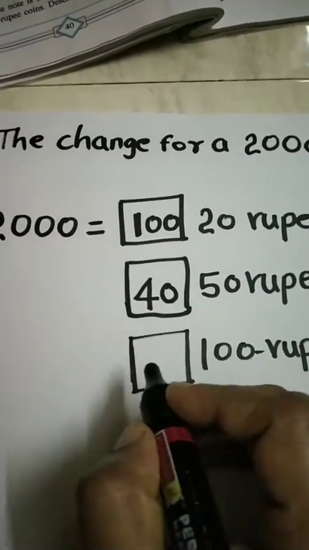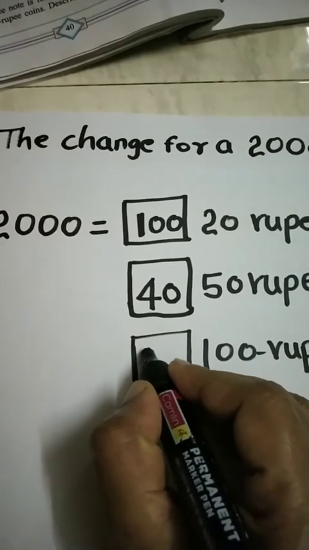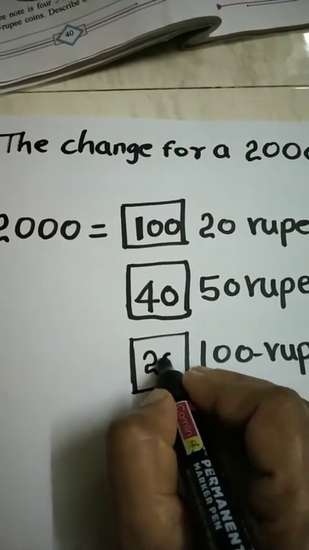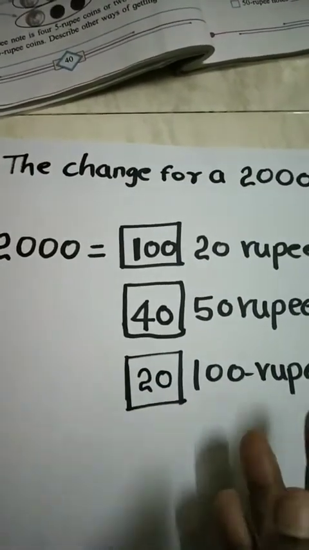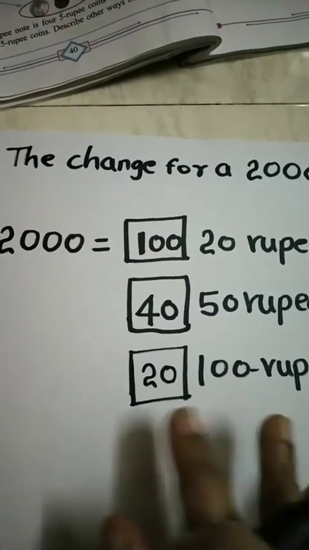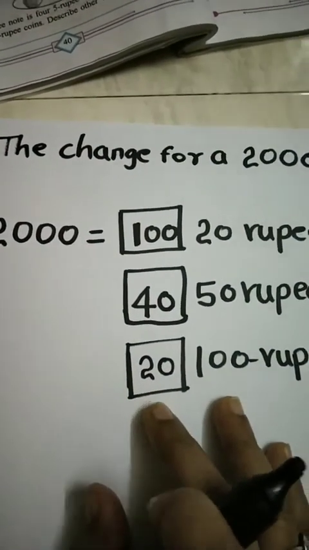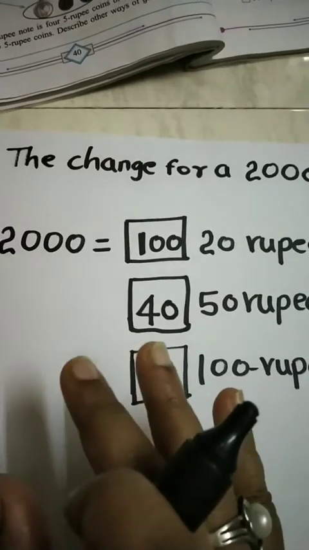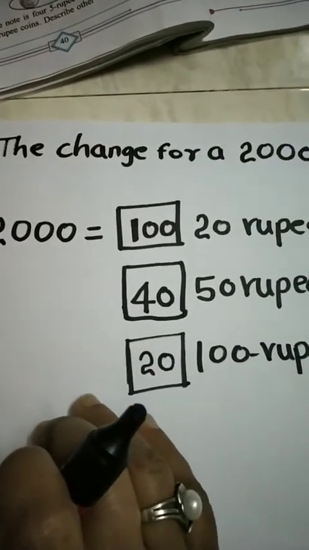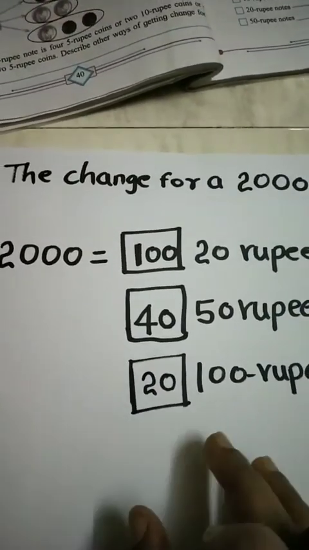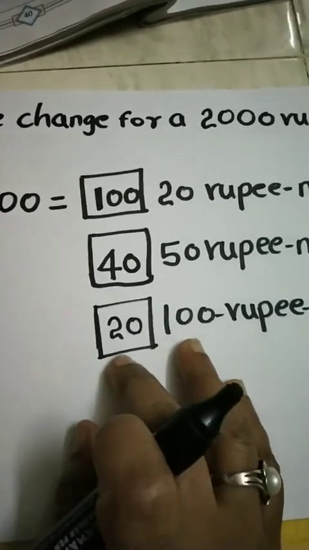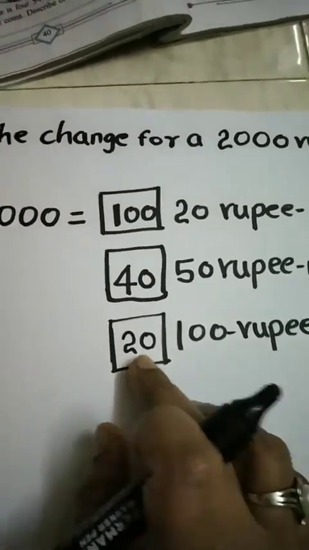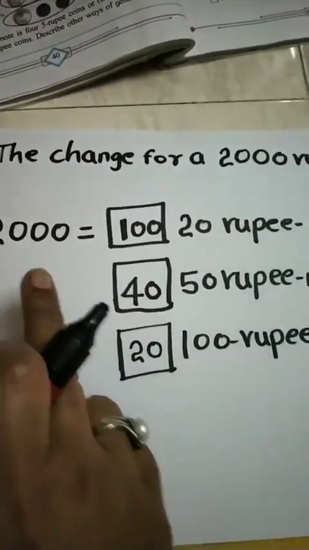As I told you, the product will be the same no matter the order of the numbers changes. Multiplicand can come in multiplier place, or multiplier can come in multiplicand's place, but the product will be the same. So 20 notes of 100 will make 2000.